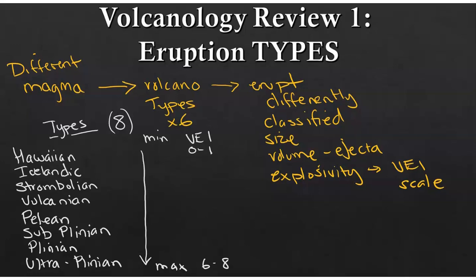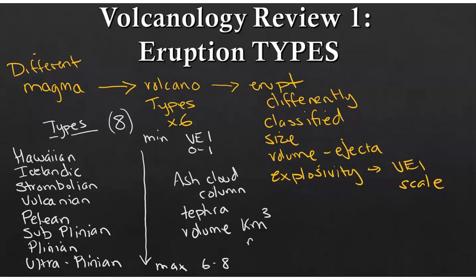These vary in features, we'll get onto that in a second, but they vary in terms of their size as well, and the amount of ejecta. You can look at the different sizes of ash clouds, or the columns. We can also look at the amount of tephra, obviously the volume, which is in cubic kilometers, or cubic miles, of ejecta.